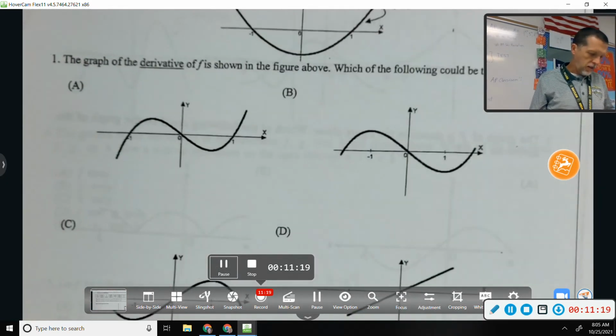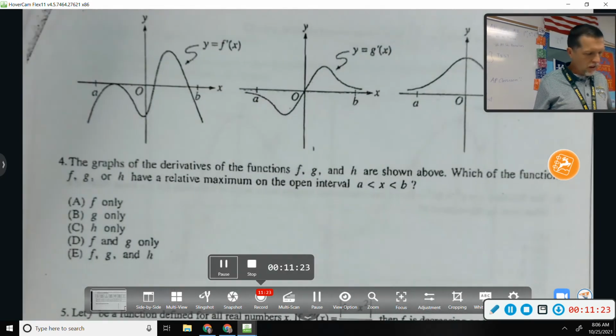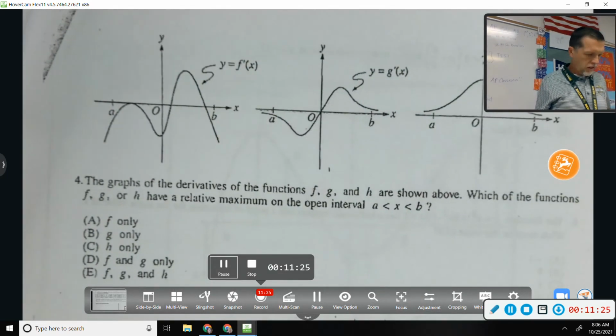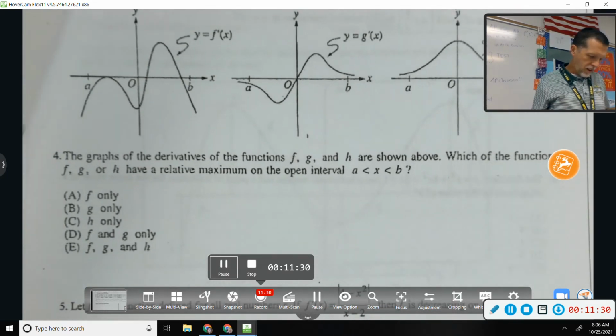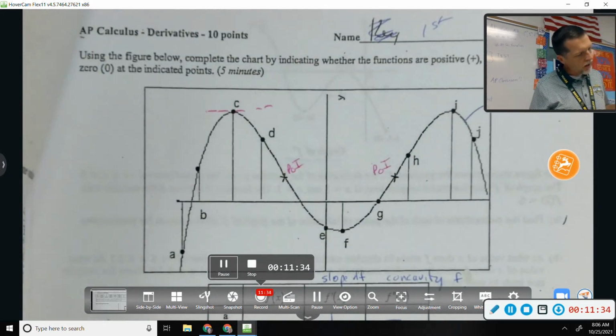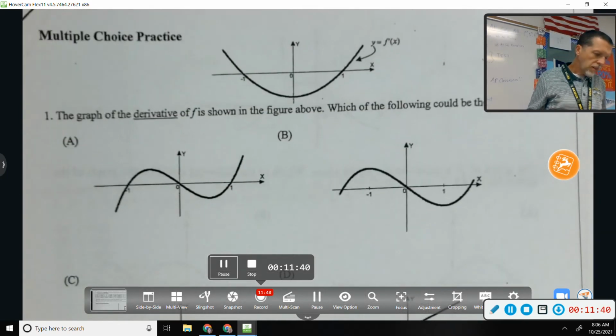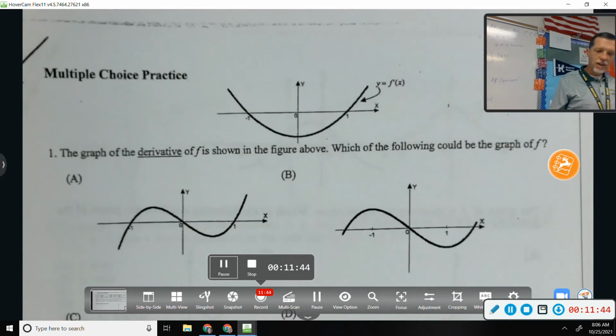Let's see, multiple choice. Let's do the first one. And then we'll see what else we need to worry about. The graph of the derivative of f is shown above.